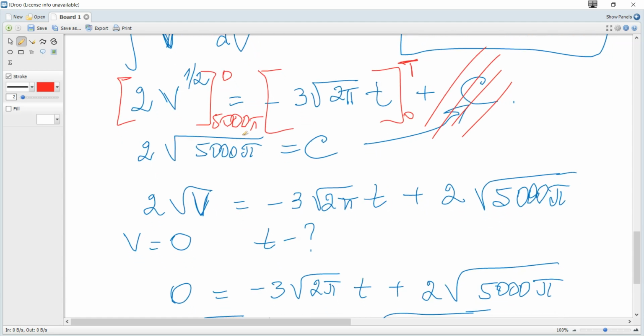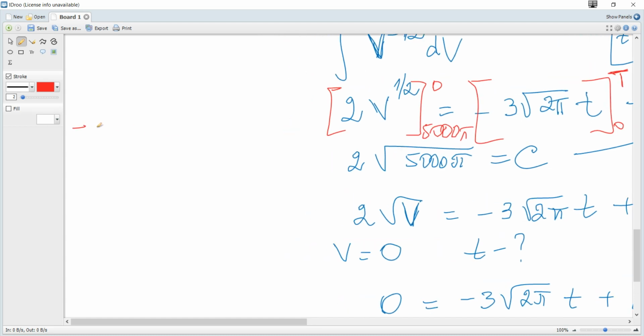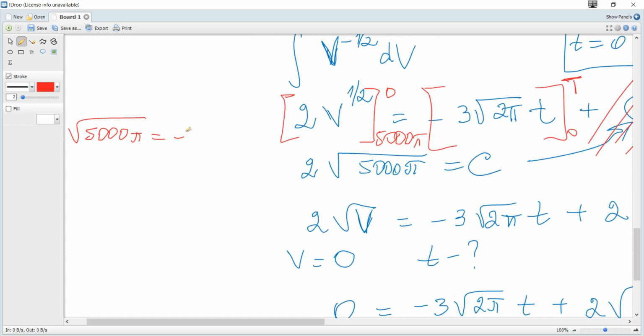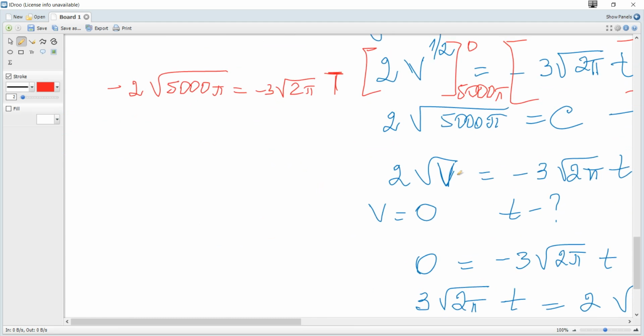And how to substitute limits? Upper limit is 0 minus, so it becomes minus 2 root of 5000 pi is equal to what? Minus 3 root of 2 pi and capital T, or you may write usual T, it doesn't matter, and no constant.